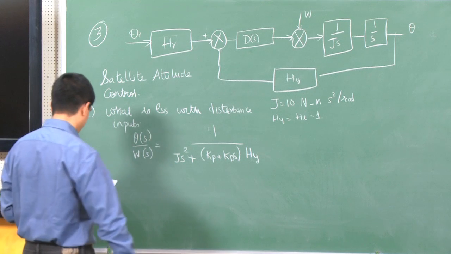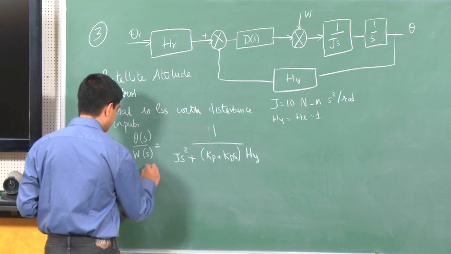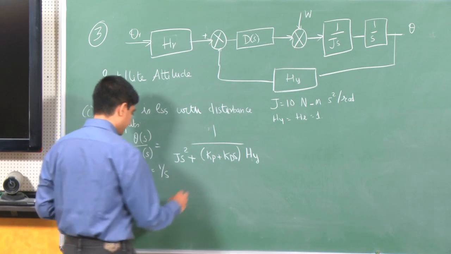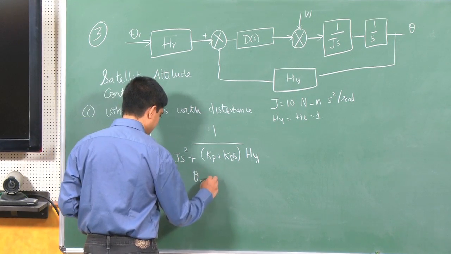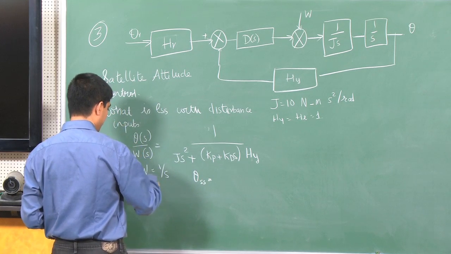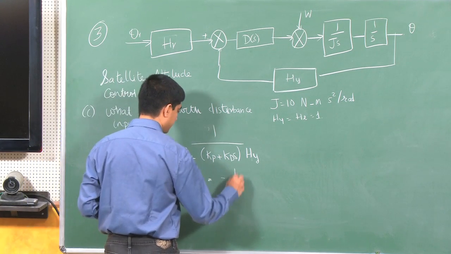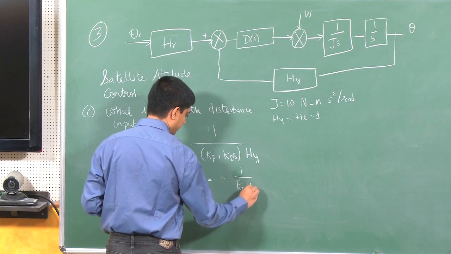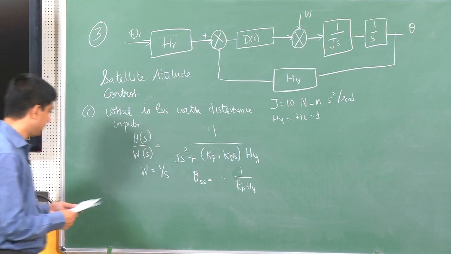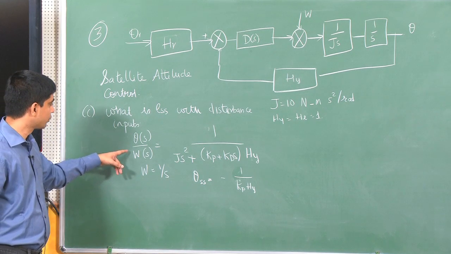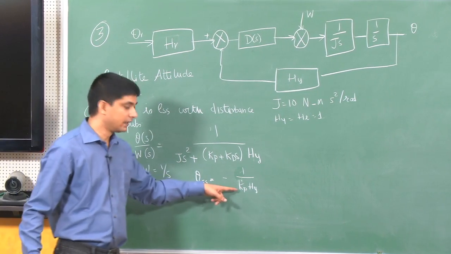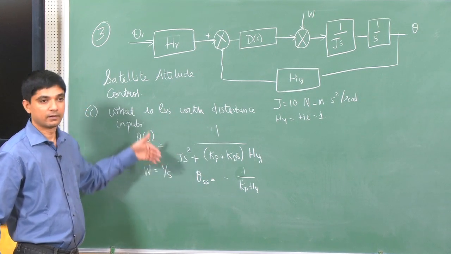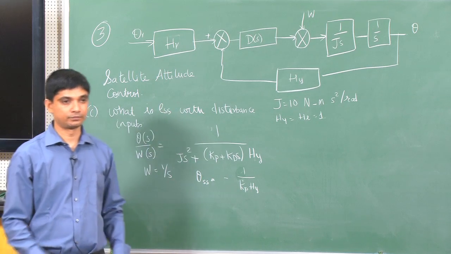And if the disturbance is 1 over s, then theta_ss, the steady state value of theta with w equal to 1 over s, is minus 1 over Kp times Hy. Okay. So this kind of controller does not eliminate disturbances of this form. It will get more complex when you have s square and s cube and so on.